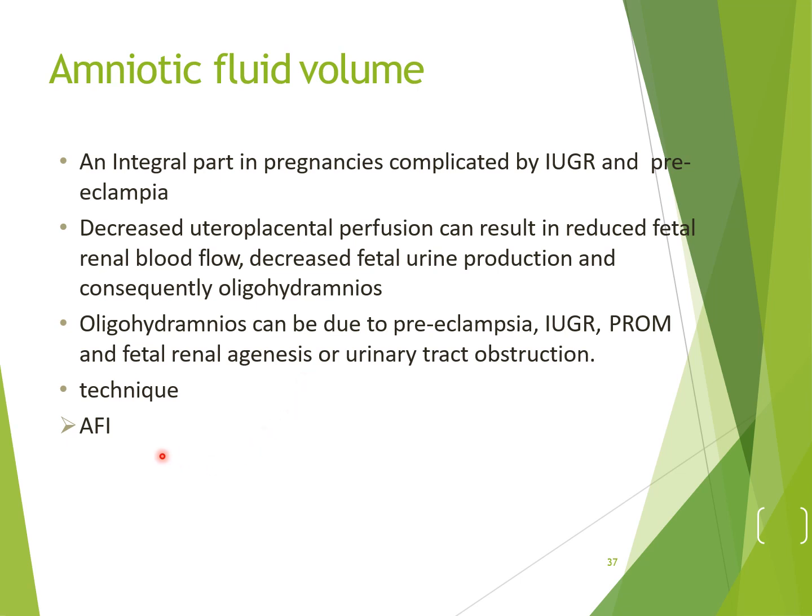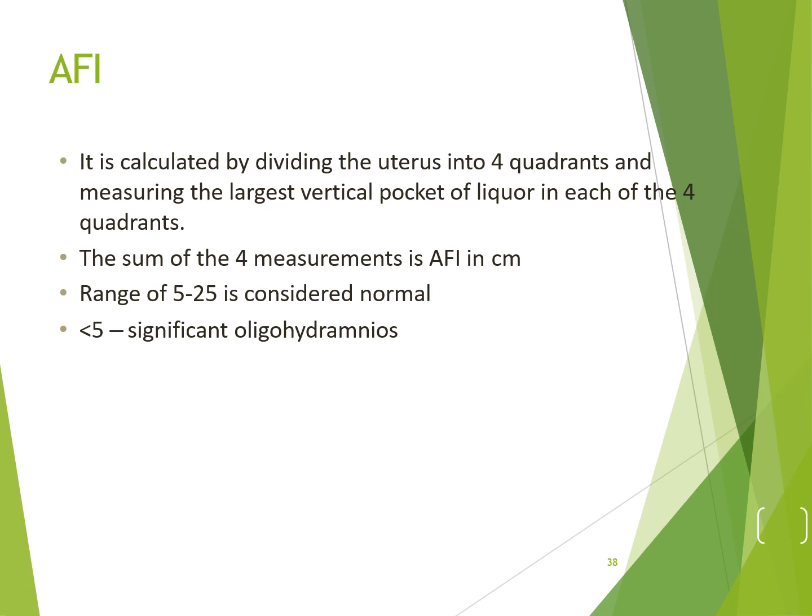Next we can see how to measure the amniotic fluid index. The amniotic fluid volume is calculated by dividing the uterus into 4 quadrants, and we measure the largest vertical pocket of liquor in each quadrant.